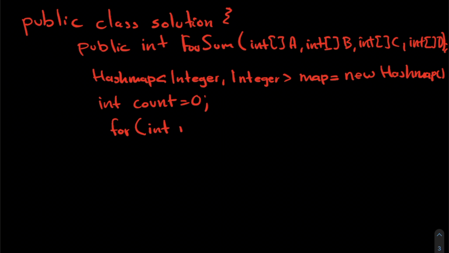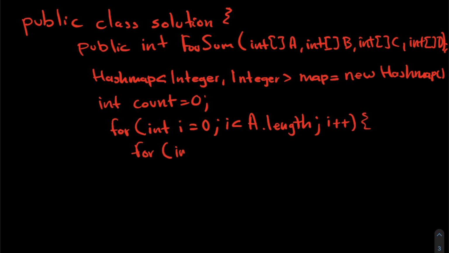Now let's begin our first for loop. So int i is equal to 0, and I'm going to do this one through A, so i is less than a.length, i plus plus. And then the other for loop, which is going to be int j, and j is less than b.length, because that's the second array that we're going to be looping through.